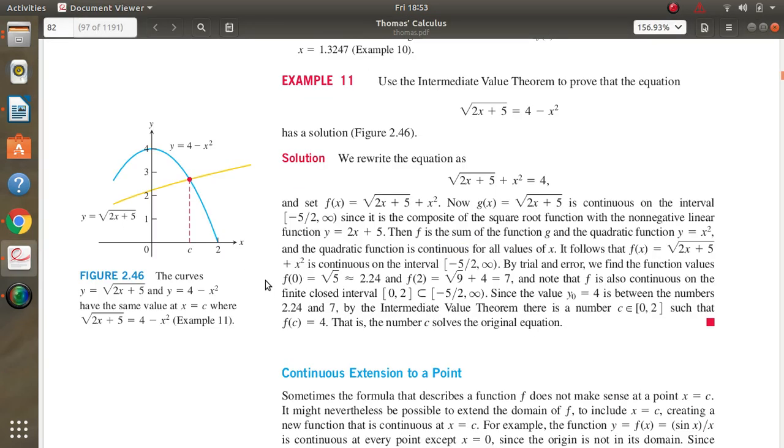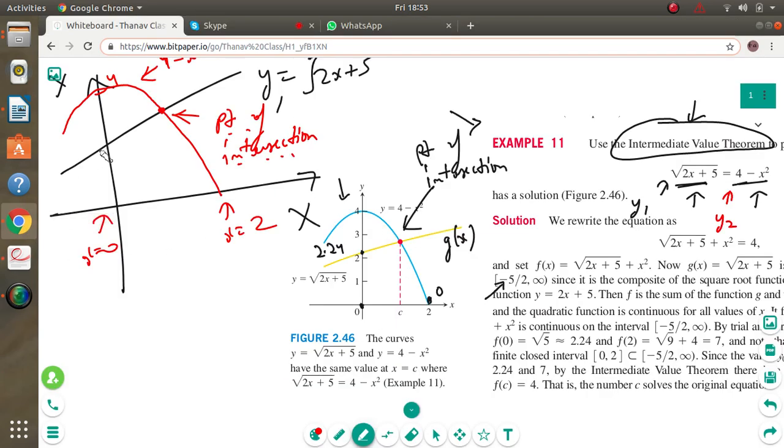Now let's first find the value of y1 at x equal to 0. Because in the intermediate value theorem, we take two extremes, the left one and right one, and then we find the intermediate value.